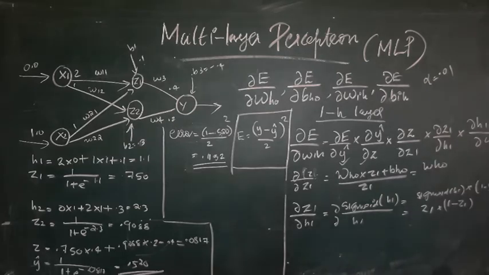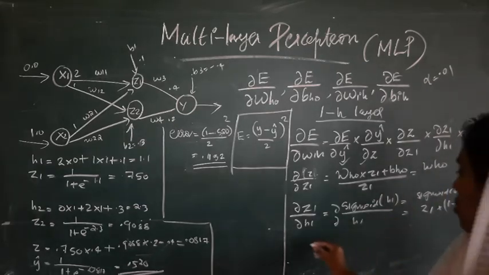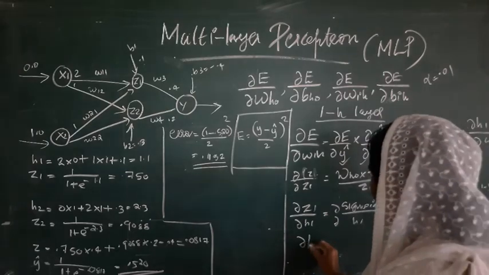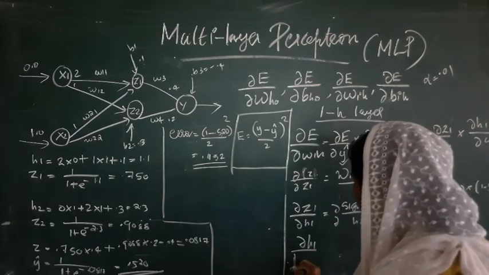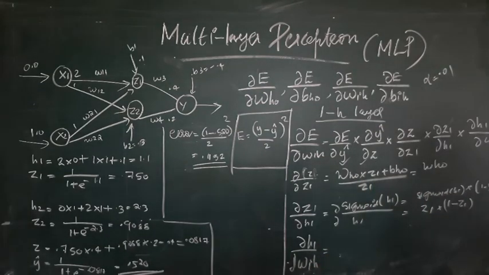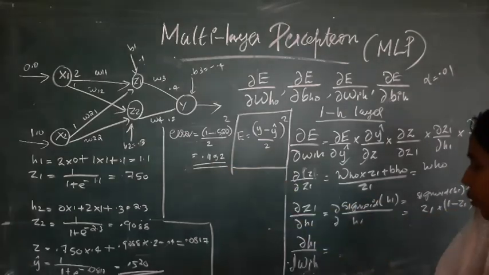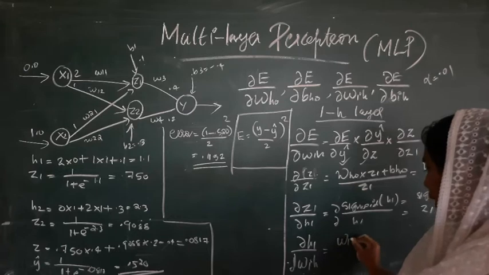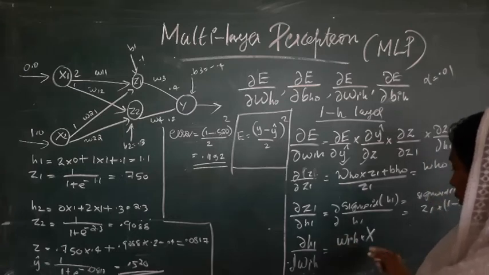Now we have to find the final component. If it is weight, that is ∂h1/∂wih. If it is bias, ∂h1/∂bih. Same thing as we have done for the final layer. You know that this h value is actually the weighted sum of inputs, that is wih into x plus bih, where x is the input vector.